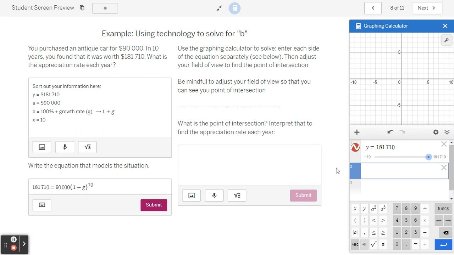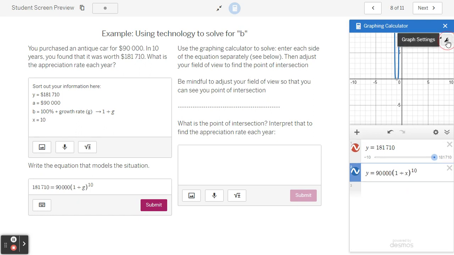Other side, we have y is equal to 90,000 times 1 plus g raised to the power of 10. Now, the calculator doesn't necessarily understand what g is. I'm going to change it to the letter x just for simplicity's sake.